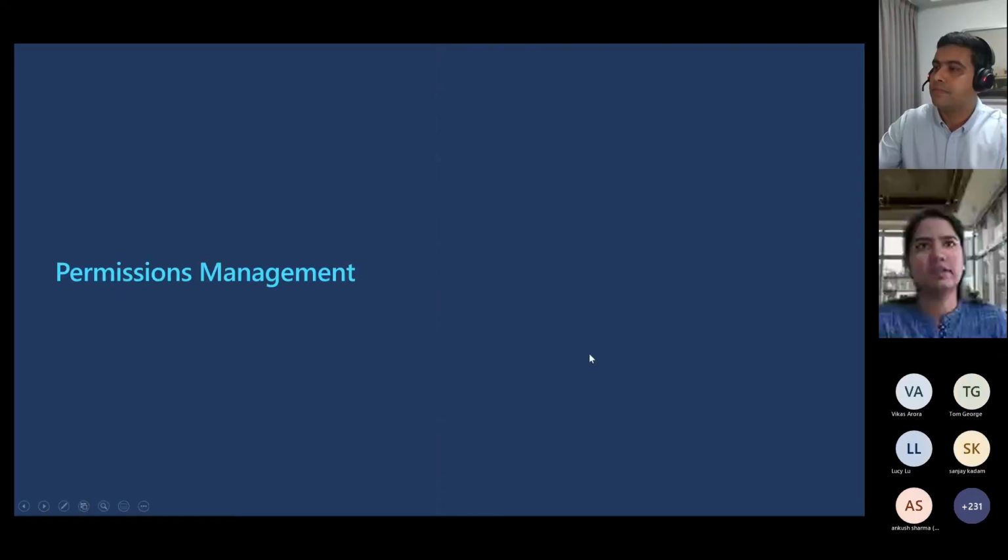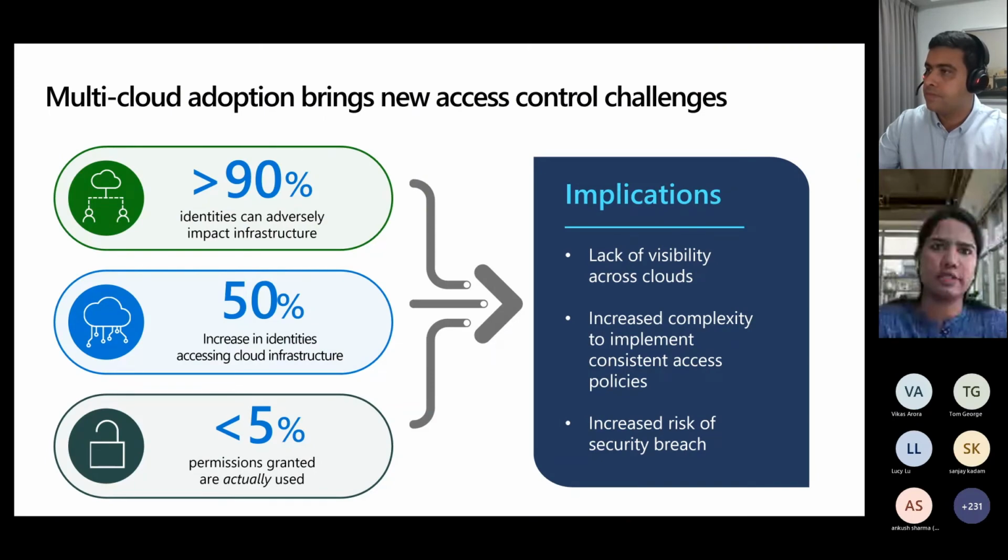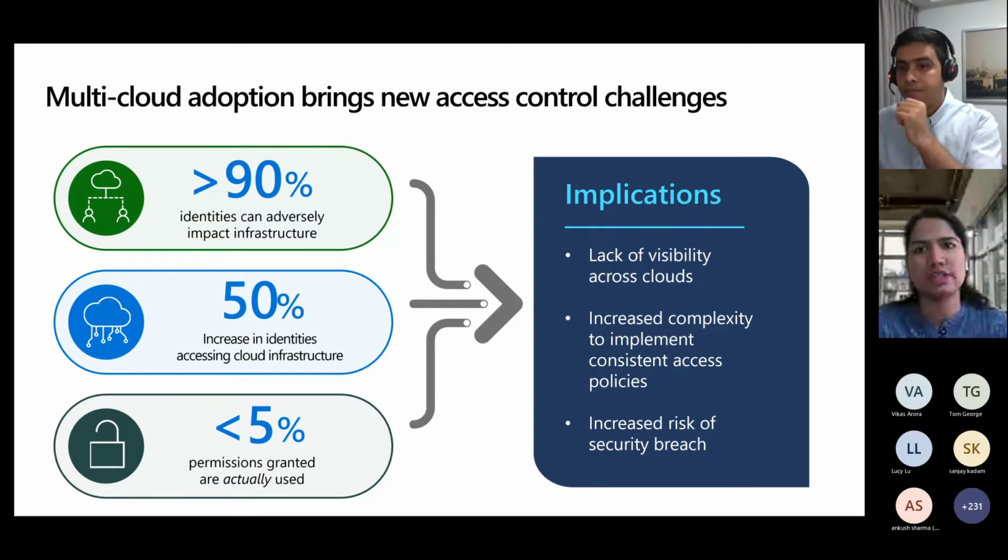So when it comes to cloud, what is observed is, as Vikas said at the beginning of this session, that 89% of organizations are now using multi-cloud. But with multi-cloud, when it comes to identity and access management, new challenges come up.